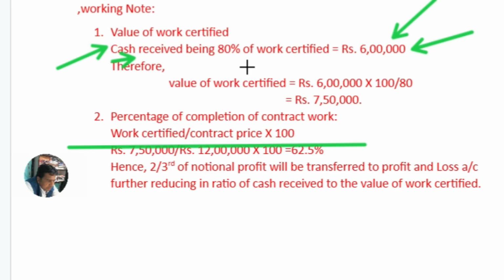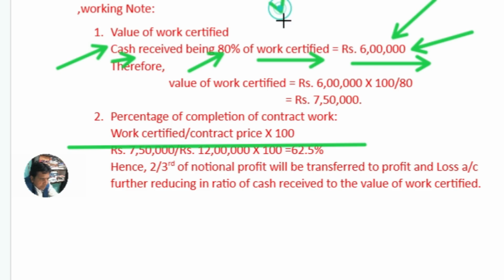So for this the work is incomplete, and the contractee is retaining a certain amount as retention money. So this 6 lakh is after retaining 20%. Then what is the value of work certified? The value of work certified is not known, but it is given that 80% of work certified is 6 lakh.